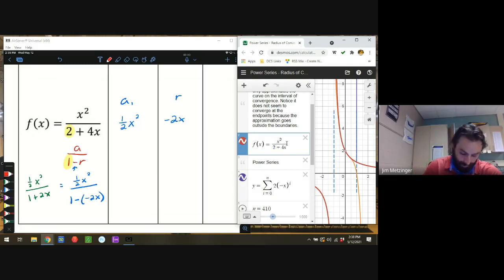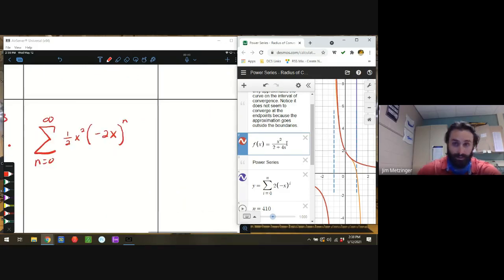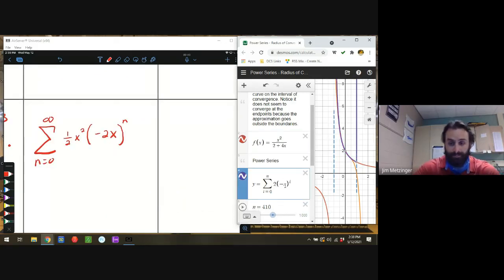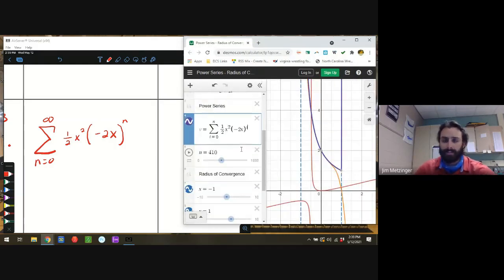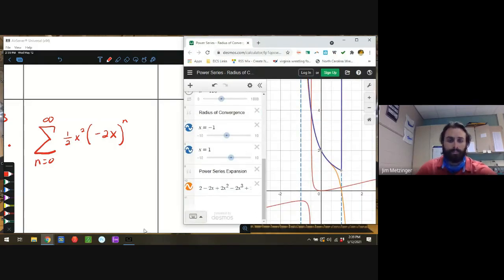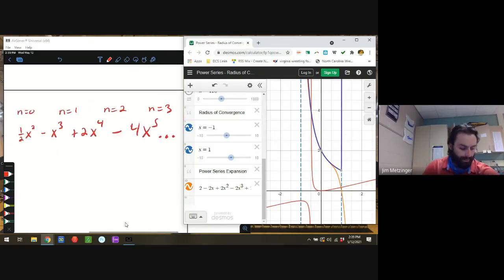All right, our summation: one half x squared times negative 2x to the i. All right, so I got that. It'll take it a year to graph that. We'll come back to the convergence thing.